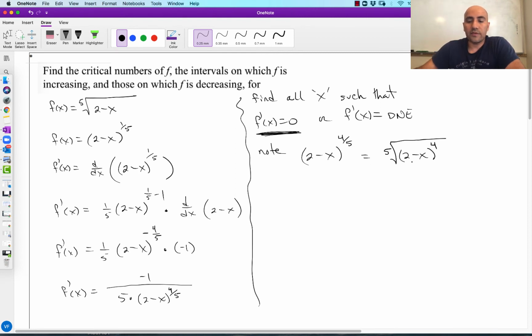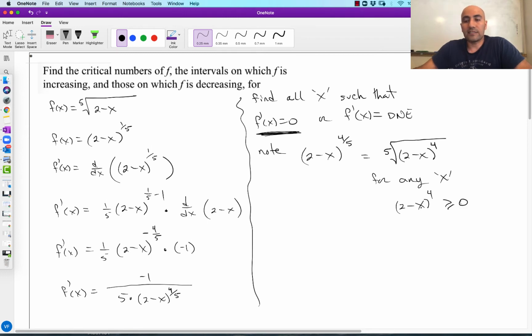Those two things mean the same. If we take any number, positive or negative, and raise it to the power of 4, we're going to get a positive number. So for any x, 2 minus x to the 4th power will be greater than or equal to 0.